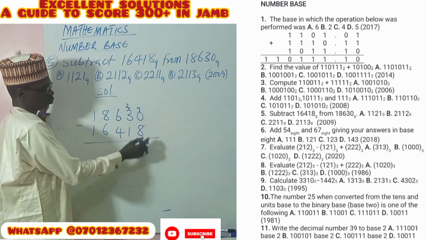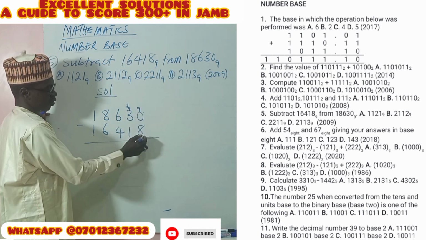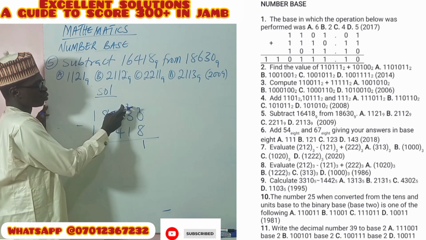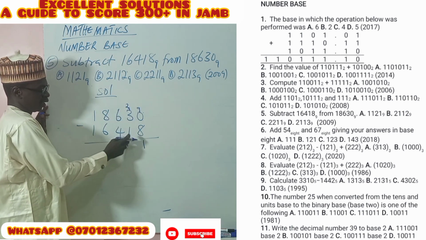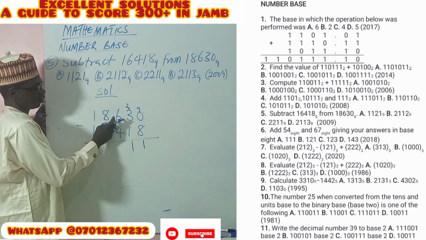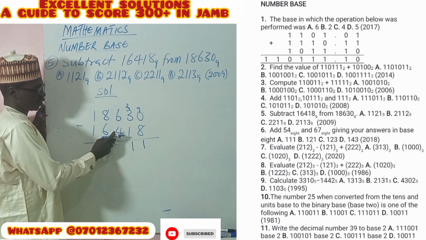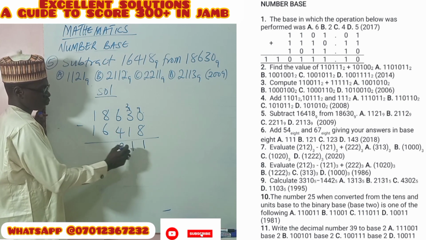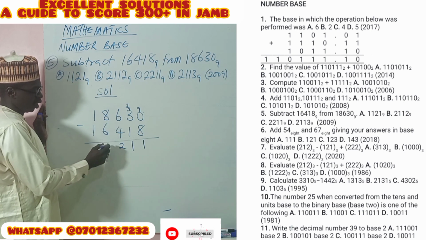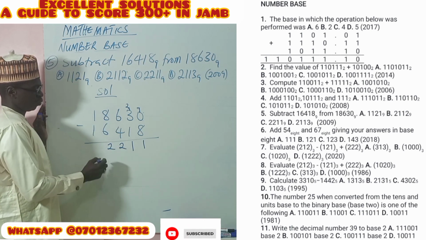9 base 9 minus 8 base 9, we have 1. So this one remains 2. 2 base 9 minus 1 base 9 is 1. Here we have 6 base 9 minus 4 base 9, we have 2 base 9. This is 8 base 9 minus 6 base 9, we have 2 base 9.